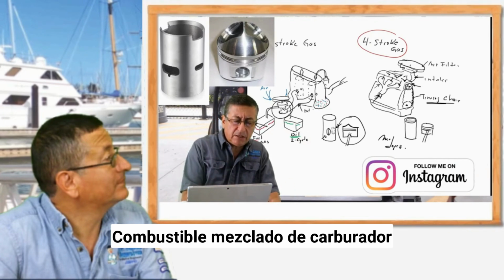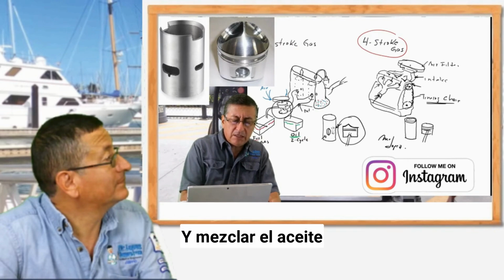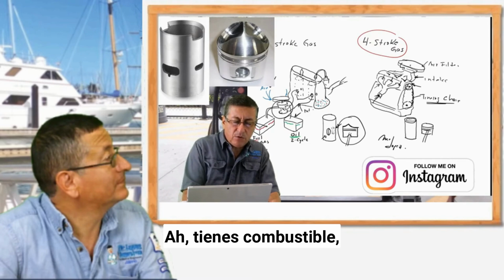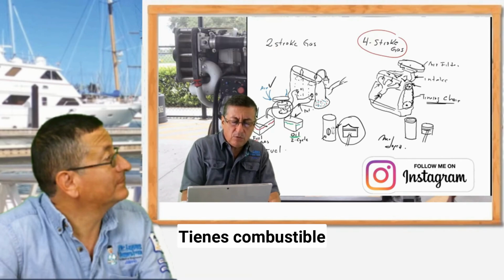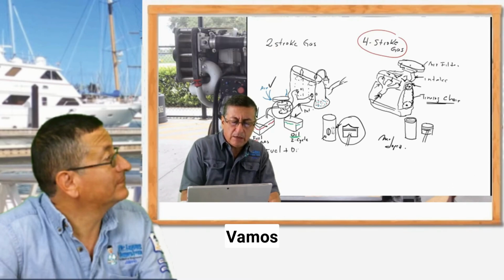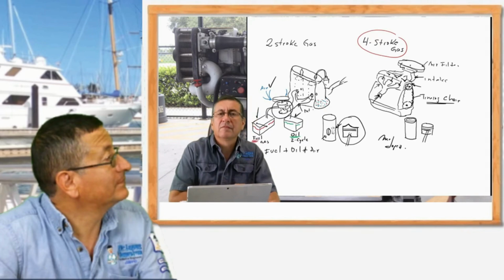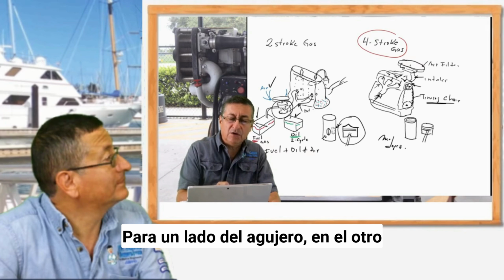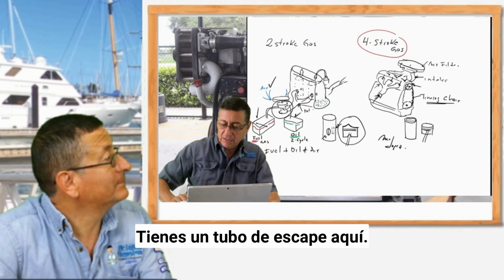The carburetor mixes the fuel, the oil and the air. You have fuel plus oil plus air entering the combustion chamber from the bottom, through one of the holes. On the other side you have the exhaust.